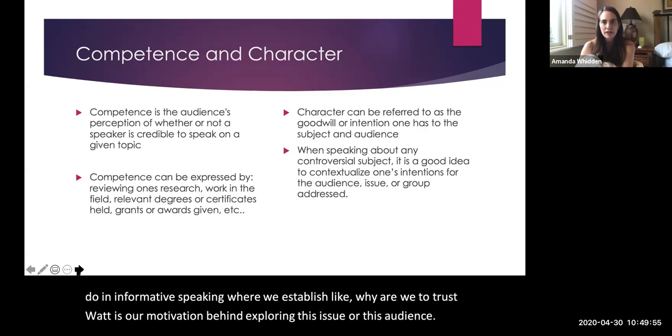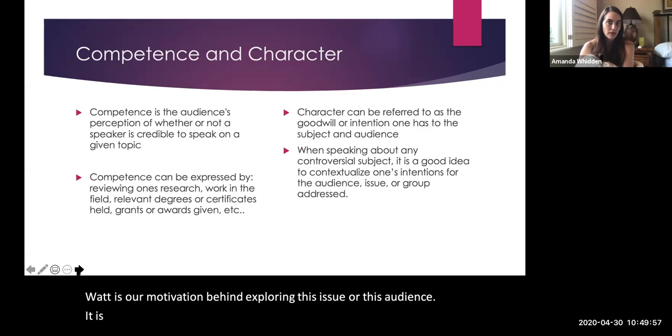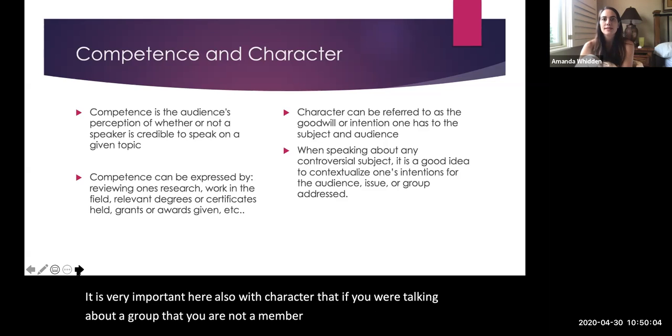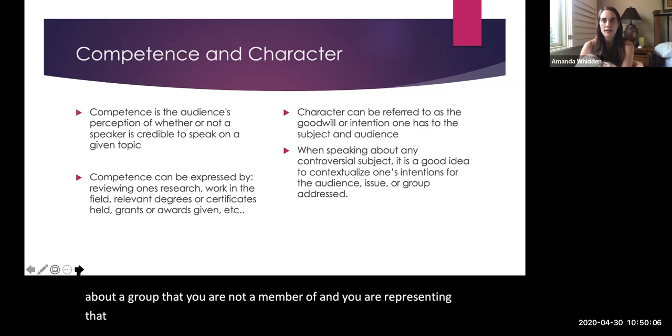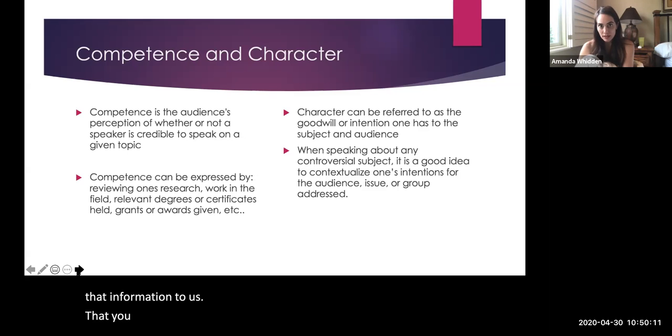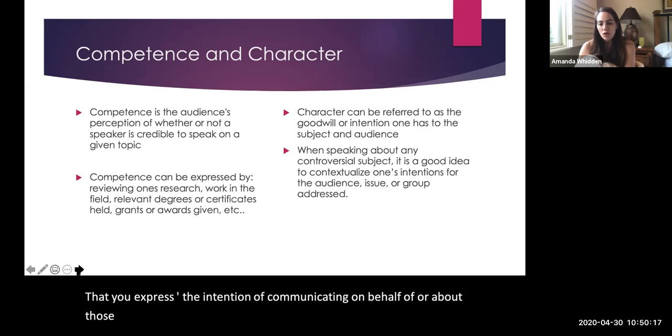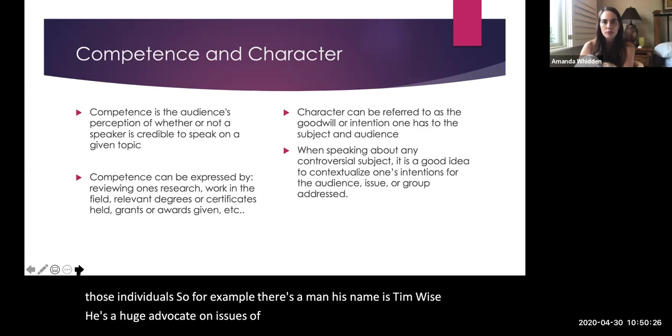It is very important here also with character that if you are talking about a group that you are not a member of and you are representing that information to us, that you express the intention of communicating on behalf of or about those individuals. So for example, there's a man, his name is Tim Wise. He's a huge advocate on issues of racism and white privilege.